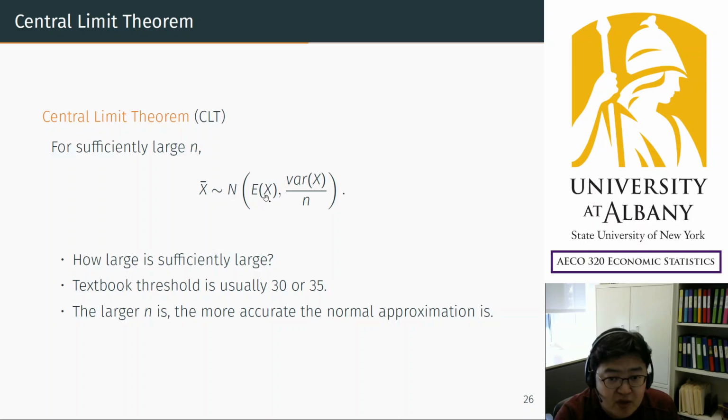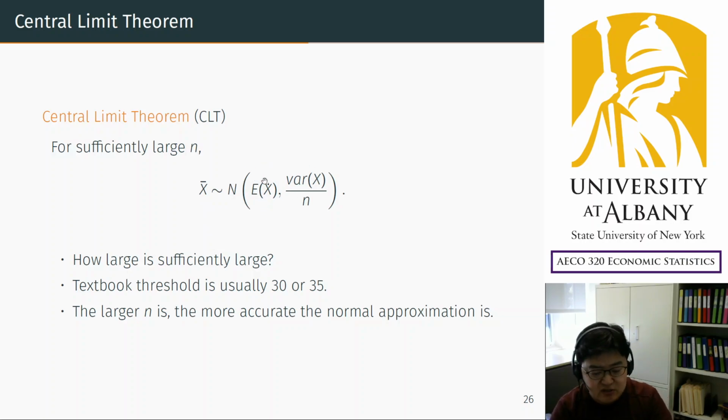By the way, remember it's not x bar. This is the mean of the underlying distribution. And in the numerator, here in the variance, this is also the variance of a single observation. So if you have a single observation variance, then you know the sampling distribution, right?